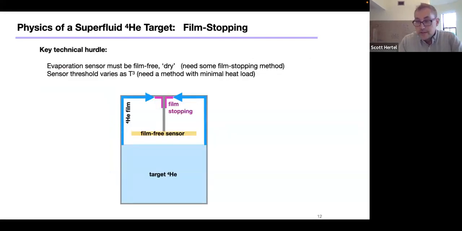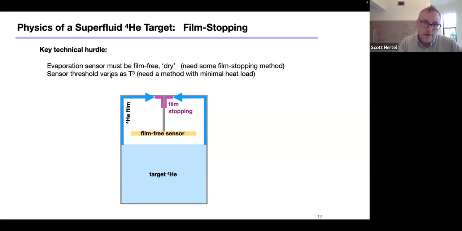In order to do any of this work, we have to stop the helium-4 film from creeping along the wall from the target helium and reaching the sensor. The sensor needs to be dry in order to sense the arrival of the evaporated atoms, or at least in order to have that gain mechanism. That is really advantageous.